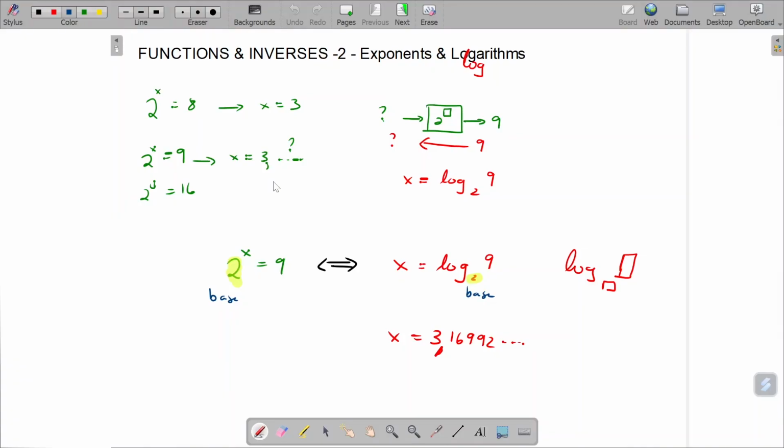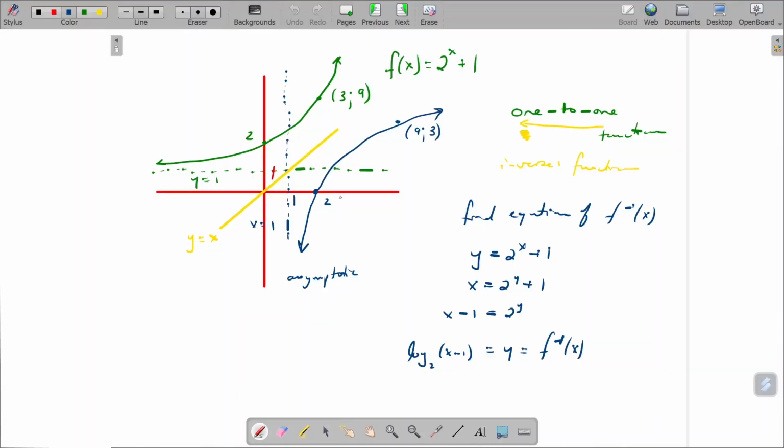Okay, so the key concepts from today's lesson are that the exponent and the logarithm are the inverse functions of one another, that the base of the exponent is the base of the log, and inversely, the base of the log just becomes the base of the exponent. We can use the definition to solve exponential equations, and in the same way we can use the definition to solve logarithmic equations. If you're familiar with an exponential graph, we can use the inverse concepts to get the graph of a logarithmic function.